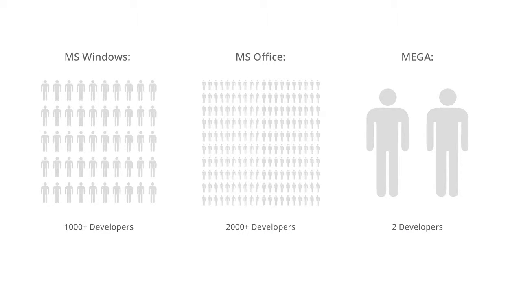For example, there's more than 1,000 people working on Windows, more than 2,000 people working on Office, and 2 people working on Mega, or at least the original developers, now it's a bit more. So is it better to have a lot of people that maybe check each other? We hope that Microsoft uses proper processes to independently verify check-ins into their source trees, but we don't know that. And of course, trusting the 2 Mega people is also questionable given their history.